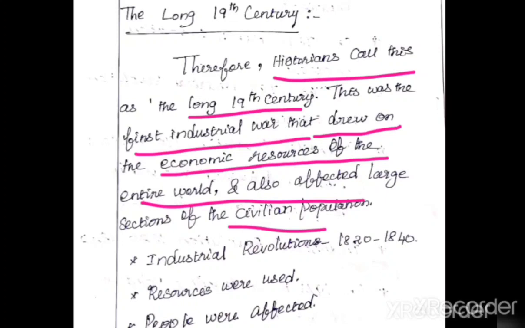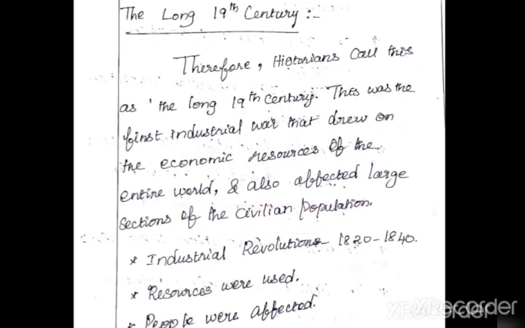Why was the First World War considered the industrial war that drew on the economic resources of the entire world and affected large sections of the civilian population? This one I already mentioned, so I am leaving it, children.